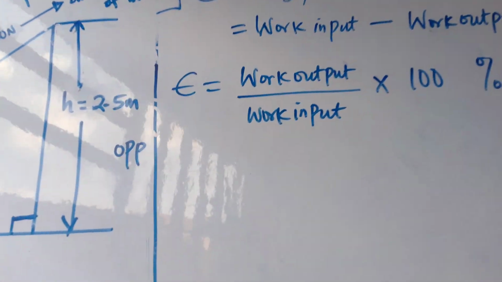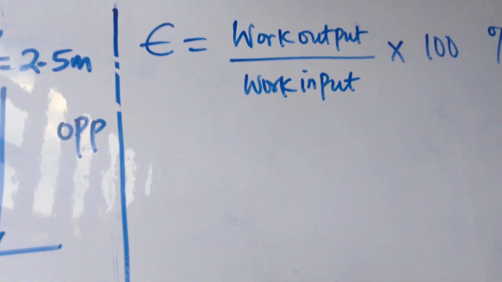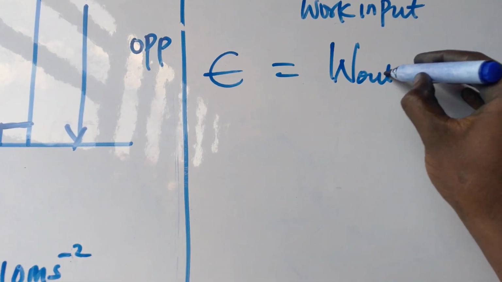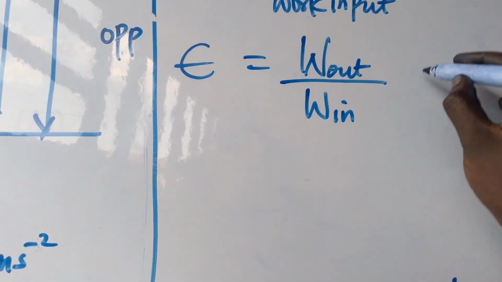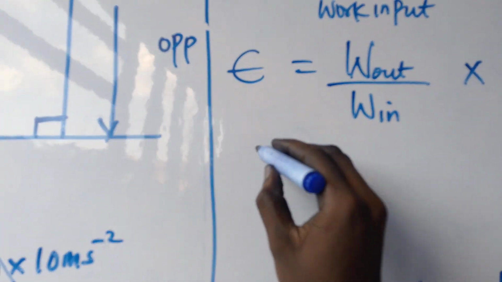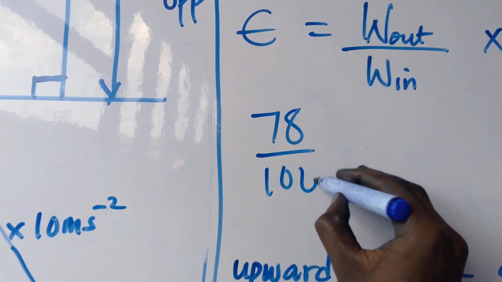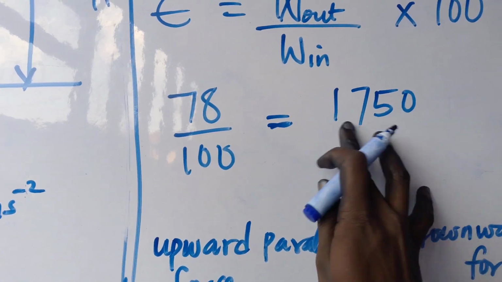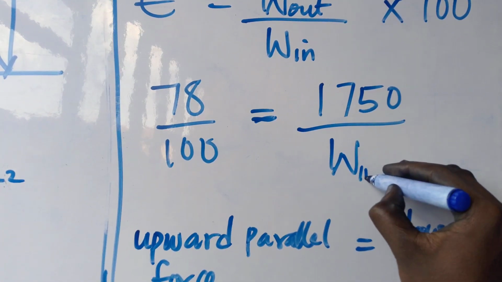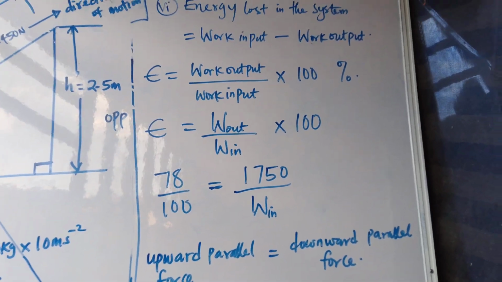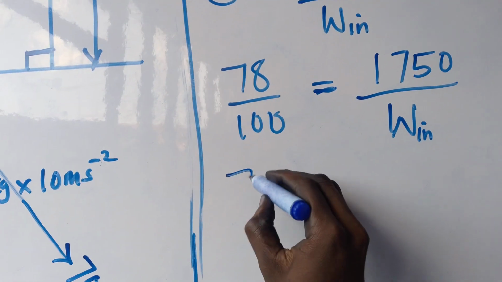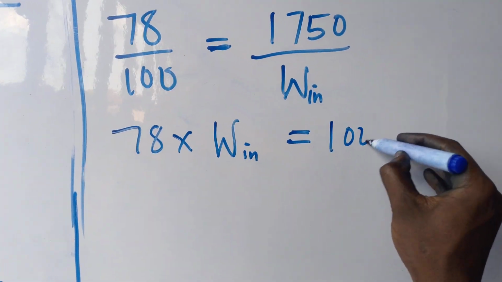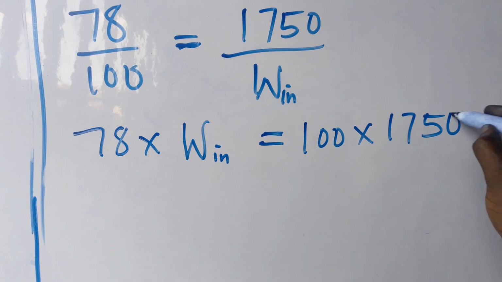My efficiency now is 78%. Efficiency is work out over work in times 100. So 78 over 100 equals the work output, which we had as 1750, over the work input, which is unknown. I can cross multiply: 78 times the work input equals 100 times 1750.